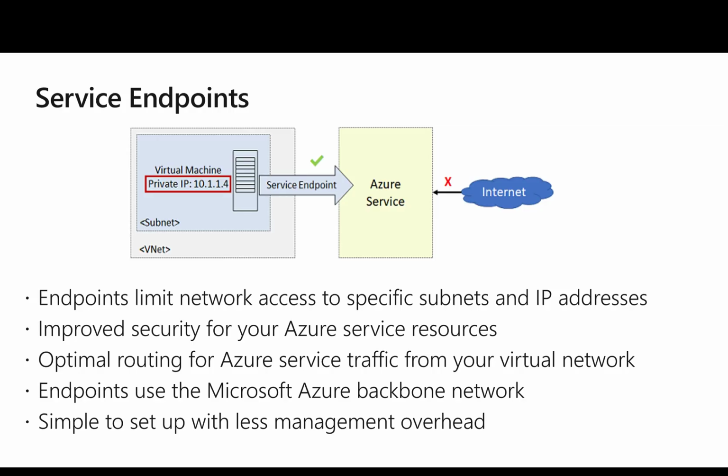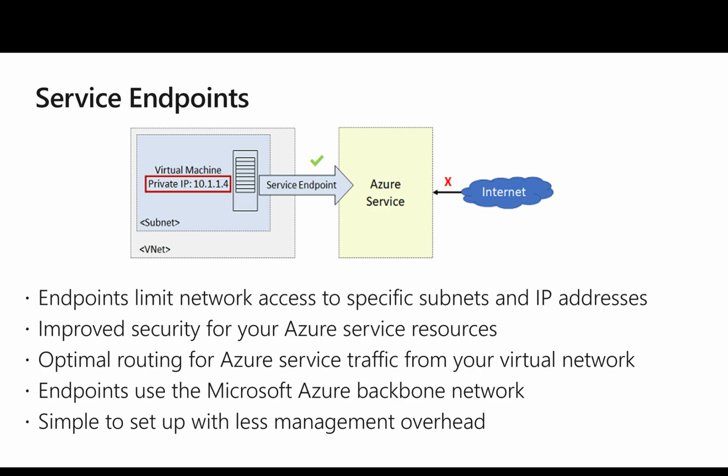Now we will look at service endpoints. Service endpoints normally provide the identity of our virtual network to a particular Azure service. For example, if we have a publicly accessible service like Azure Storage, we can limit the network access to that service only from specified subnets and IP addresses. That's what service endpoints do.